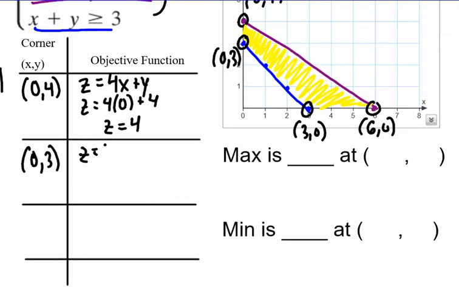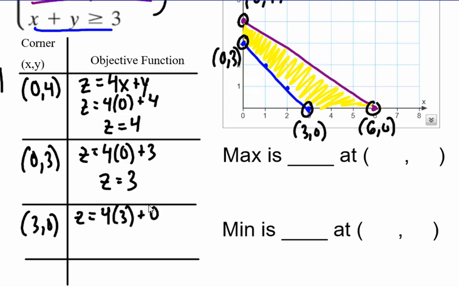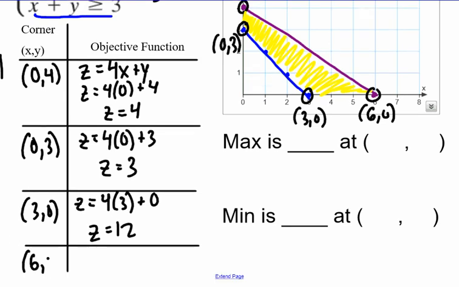Z then would be 4 times 0 plus 3, so z would be 3. And I could check 3, 0. Put 0 in for y, 3 in for x, so 4 times 3 plus 0, z would be 12. And the last one is 6, 0. Z would equal 4 times 6 plus 0, so z would be 24.